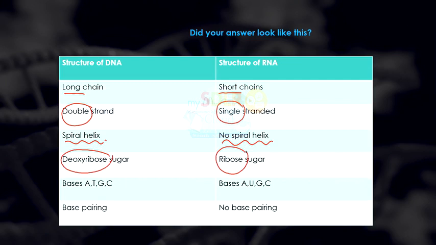The sugar in RNA, called ribose. The bases found in DNA, adenine, thymine, guanine, cytosine. The bases found in RNA, adenine, uracil, guanine, cytosine. In DNA, base pairing occurs. In RNA, a single strand, no base pairing. So this would be the answer to tabulate the differences between DNA and RNA. You may get a mark for drawing the table as well.